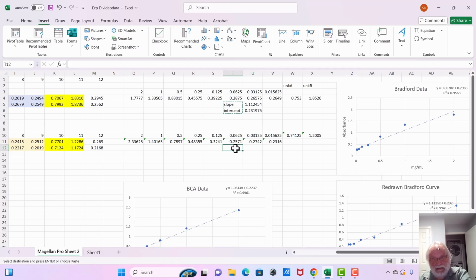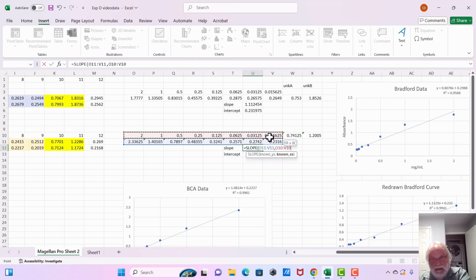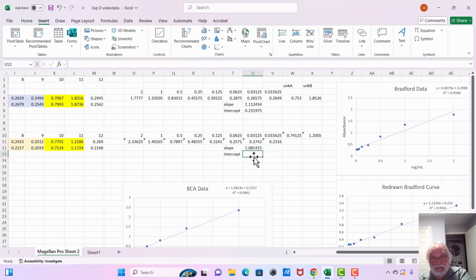Copy, paste, and put slope is equal to slope. And here, remember, we have all of the values. 1.108, that's good.